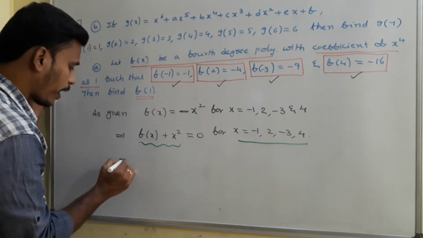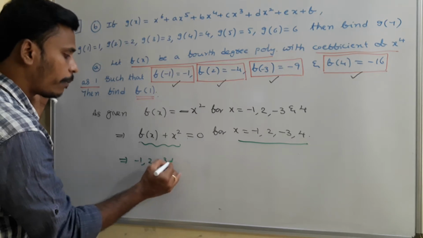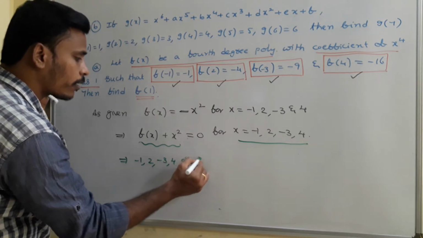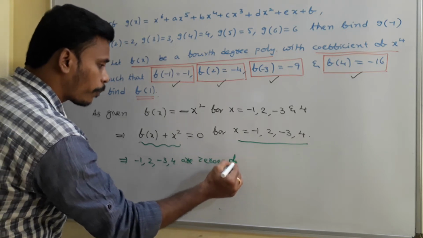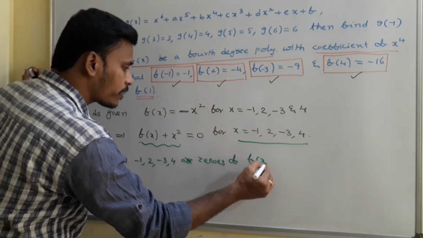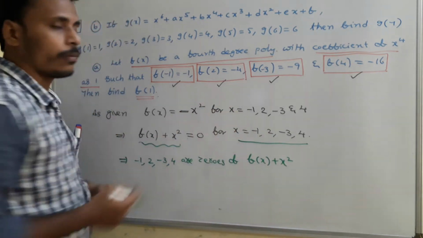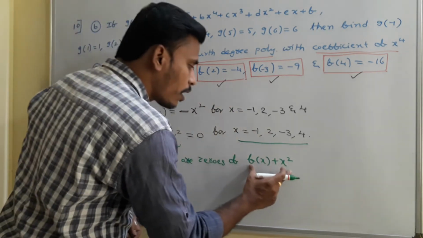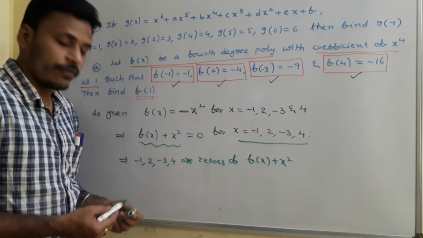So that implies -1, 2, -3, 4 are zeros of the polynomial f(x) plus x square. This is completely a polynomial. If you feel any confusion, consider it as some g(x) or t(x). You just name it with another name.